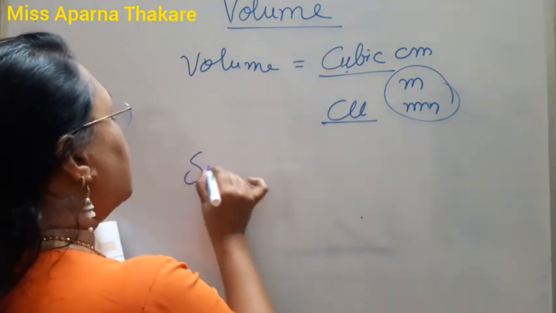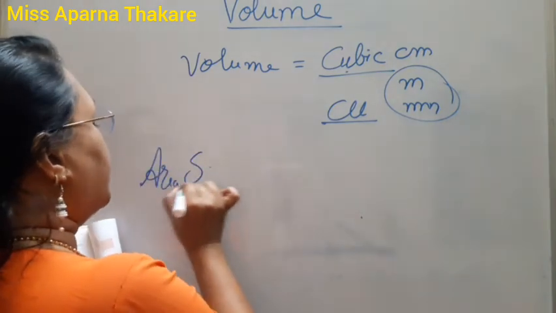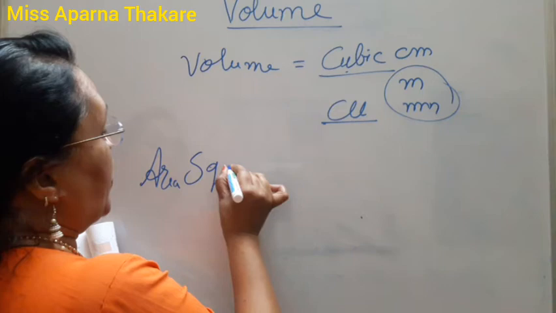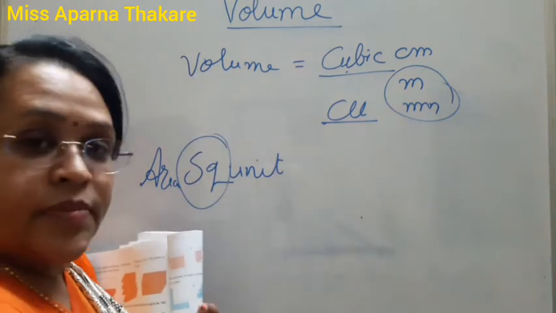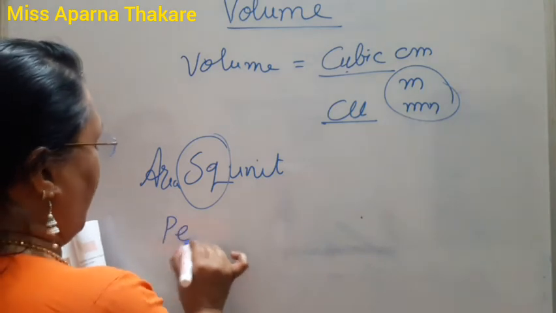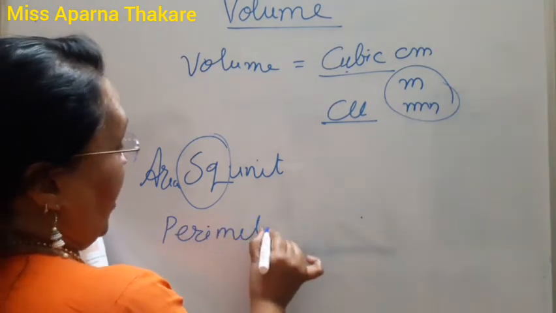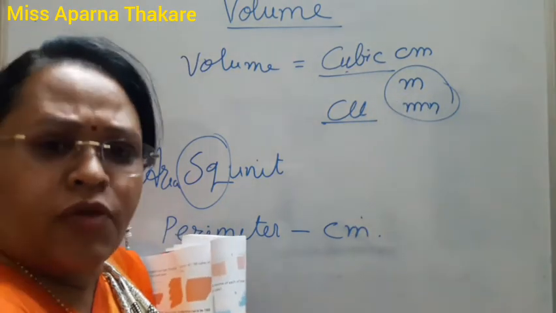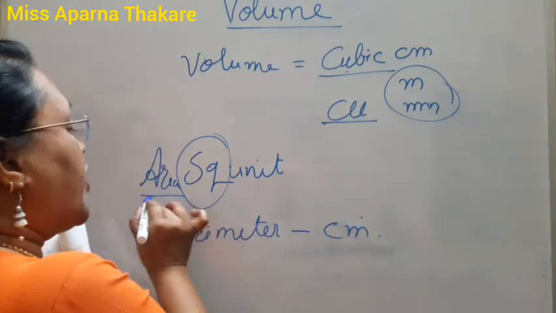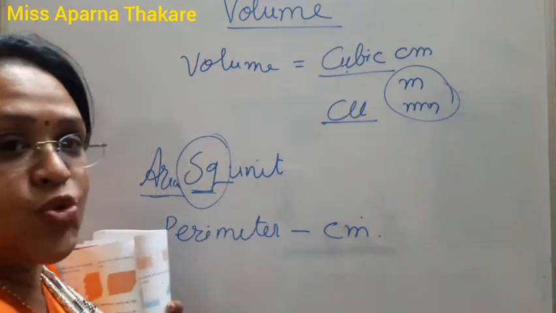When we find the area, we give a square unit. When we find the perimeter, we write the unit as it is given, centimeter or meter or kilometer, whatever it will be. But when we find the area, we write a square unit.